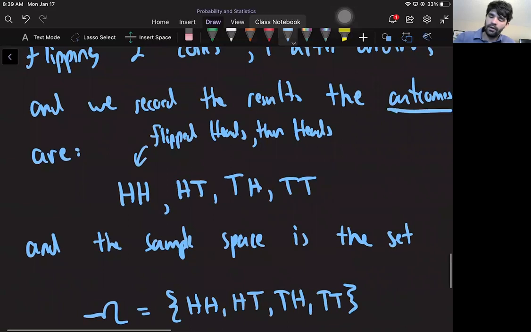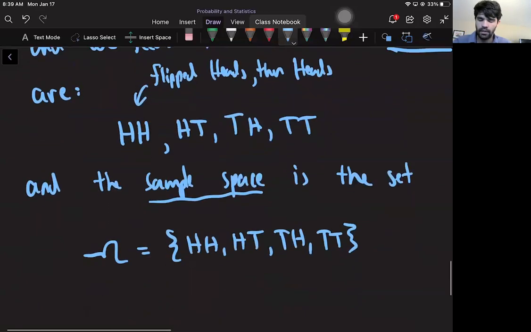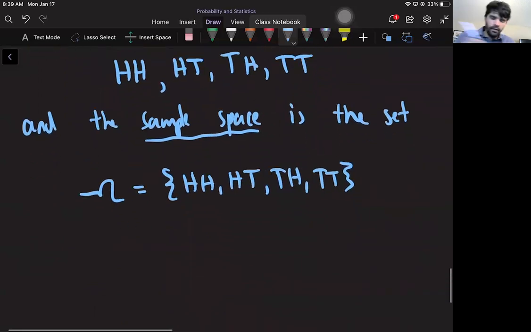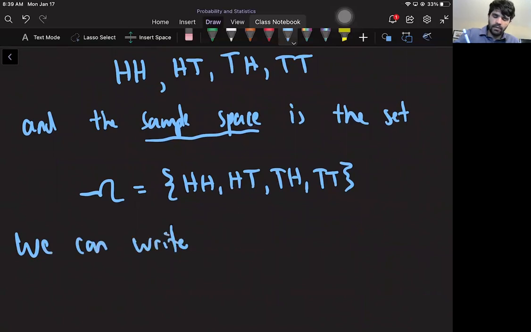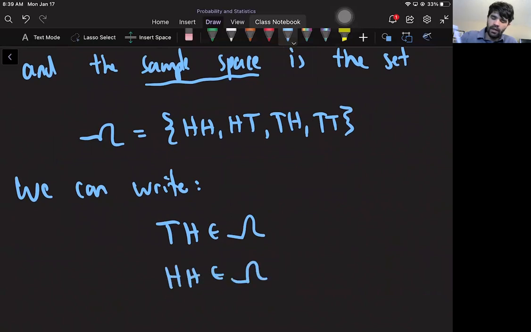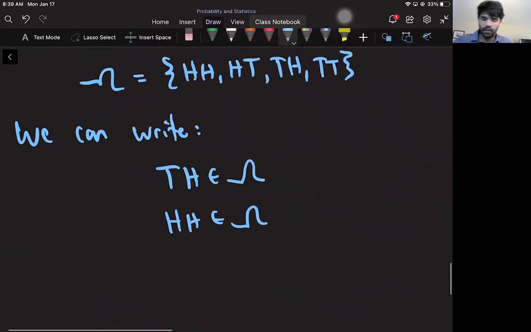Okay, so these are the outcomes. They're just the things in the sample space, and the sample space is the set of outcomes. So then just to practice using notation, I can write something like this, TH, that is something in omega, so that's fine to write. So is HH, so I can write that. That makes sense. What's not in there?